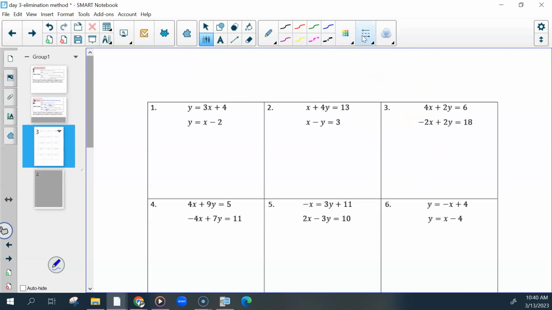So first, we have to make sure these line up, so the y's are on top of each other, the equals are on top of each other, the x's, and then the constants. That is the case here, even though this x is a little off. Then we're looking for which of the two variables have the same coefficient.